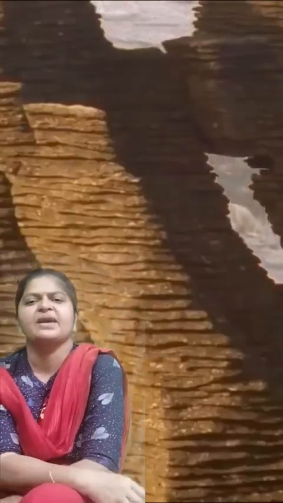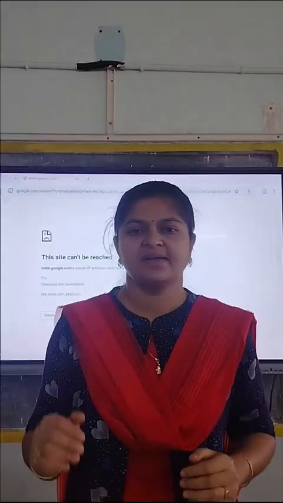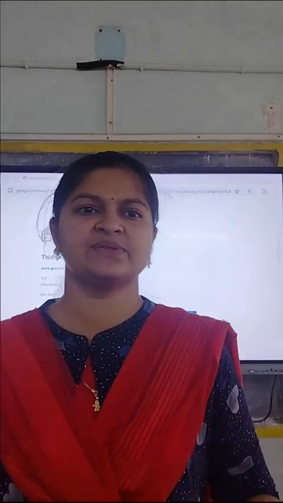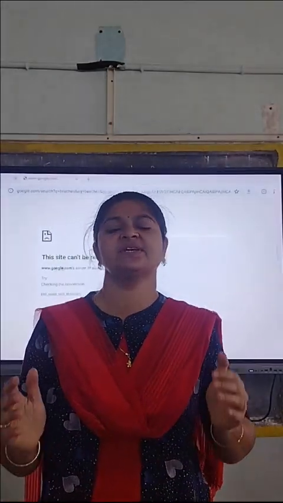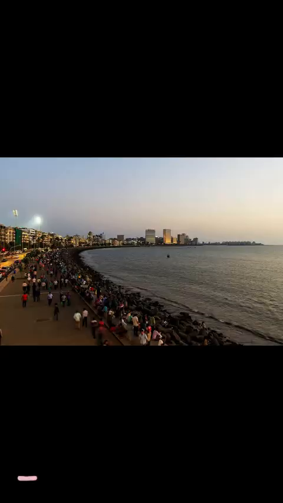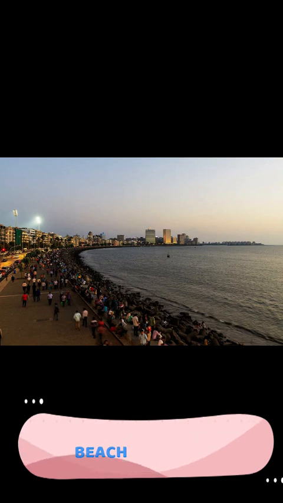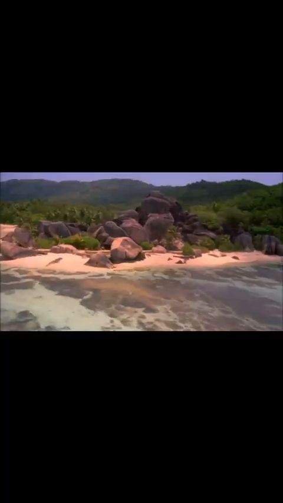The process of marine deposition is very slow, and it may take thousands of years to change or modify a coastal landform. Now, let us have a close look at the landform which is created due to the depositional activity of the sea waves. Beaches are created due to the depositional activity of the sea waves.